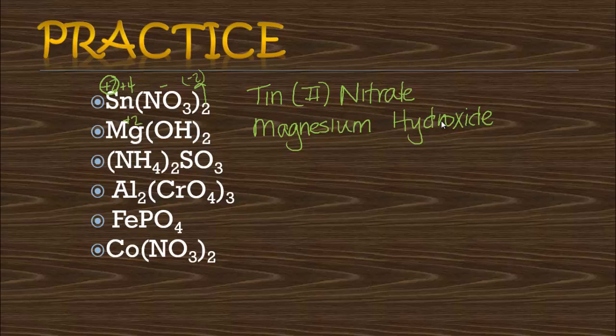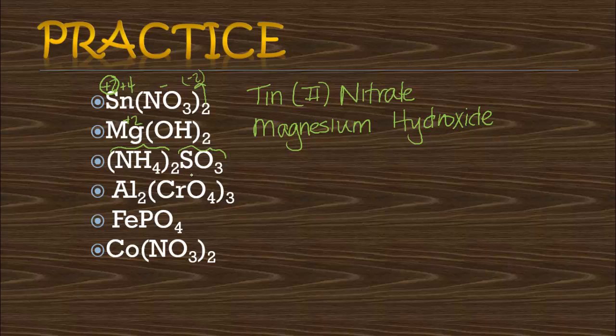When we look at the next one, there are lots of letters. Since there are more than just 3 letters, there's a good chance we have 2 polyatomic ions. So in this case we do. This NH4 is a polyatomic ion, and SO3 is a polyatomic ion.